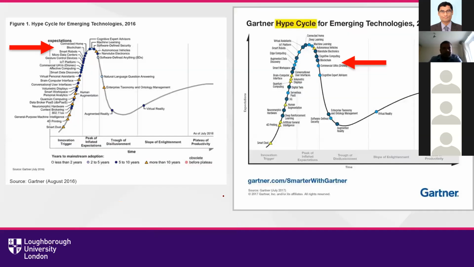So let me share a couple of Gartner's hype cycles. In 2015, blockchain was not mentioned anywhere. In 2016, blockchain started to appear, and that's the year everybody started to talk about it.